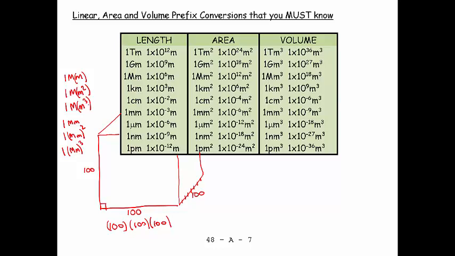Can you see the difference between those? I'm not applying the prefix to meters cubed. I'm applying the prefix to the length and then I'm cubing it. So I get different numerical values.